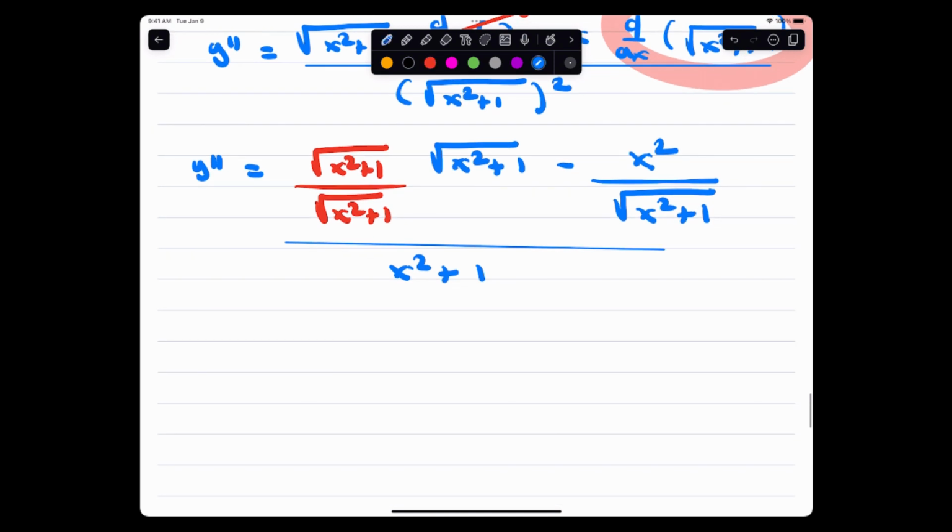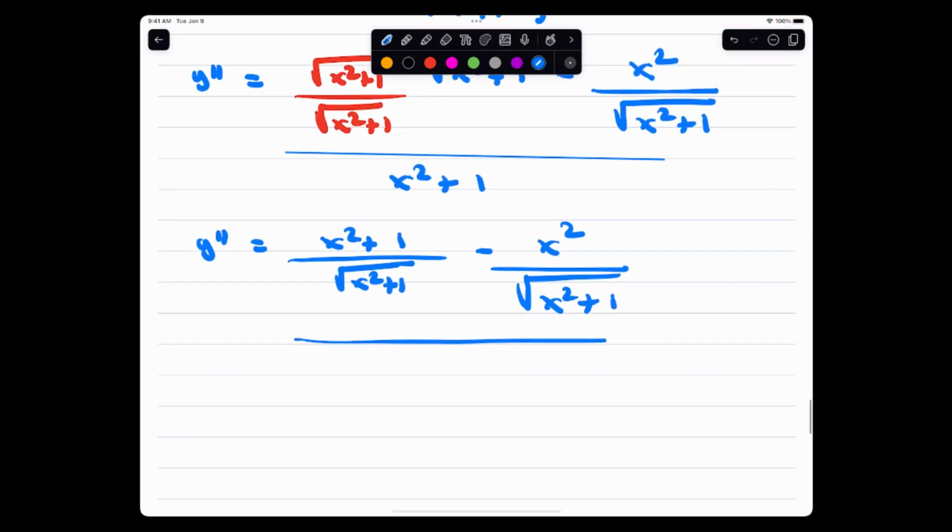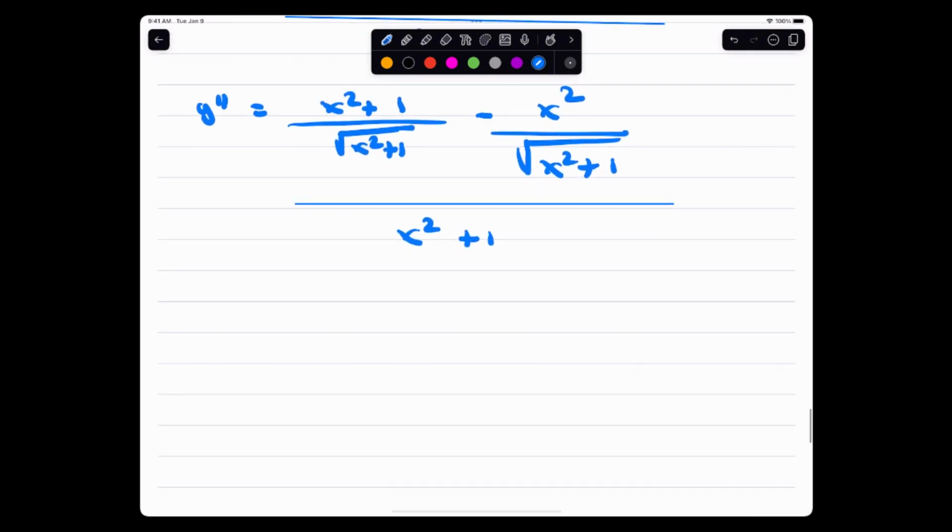You'll have x squared plus 1 over square root x squared plus 1 minus the what? X squared over square root of x squared plus 1, everything over x squared plus 1. And so the numerator now becomes just what? 1 over square root x squared plus 1. Don't forget you're dividing by what?